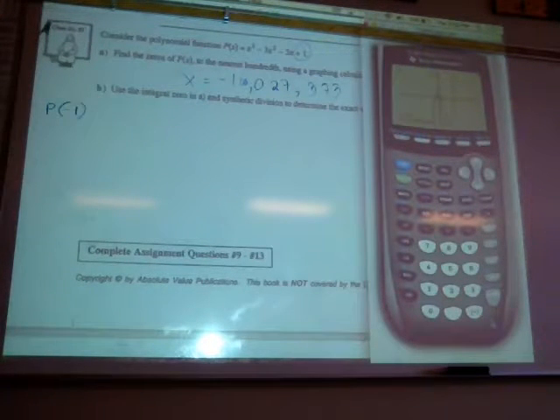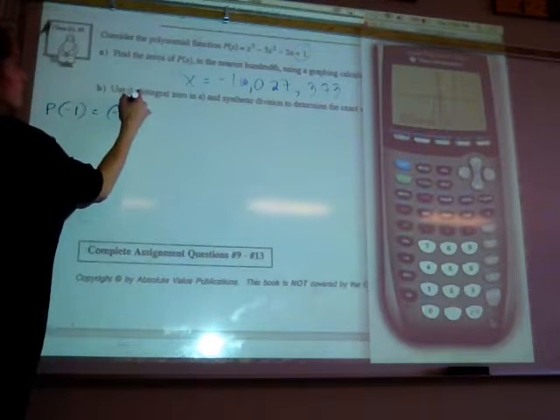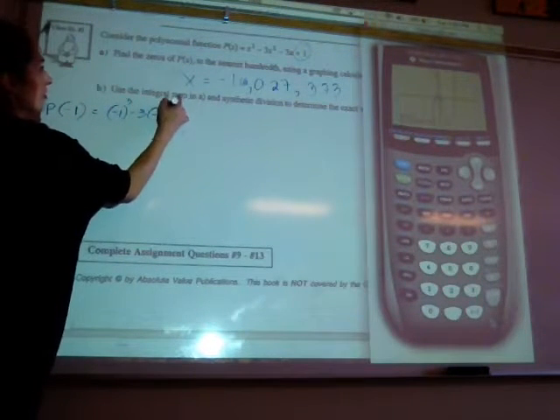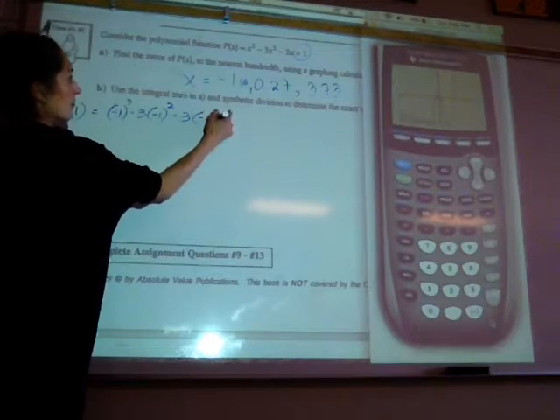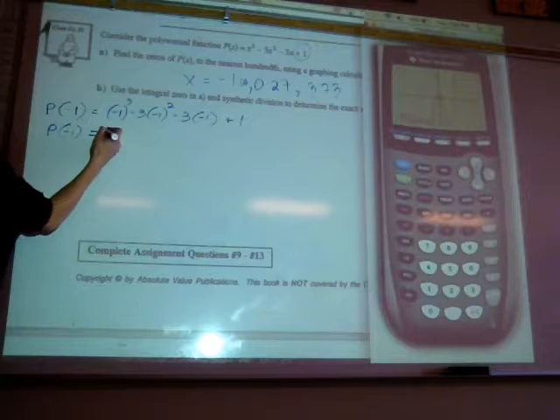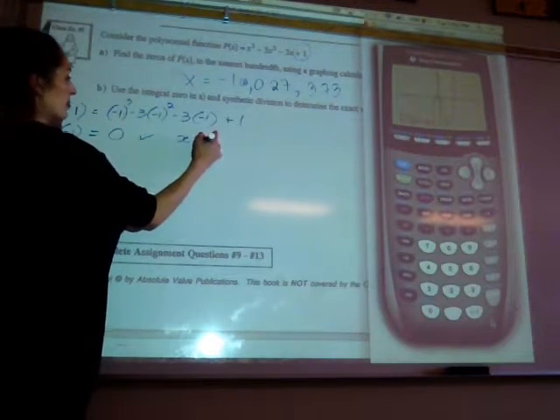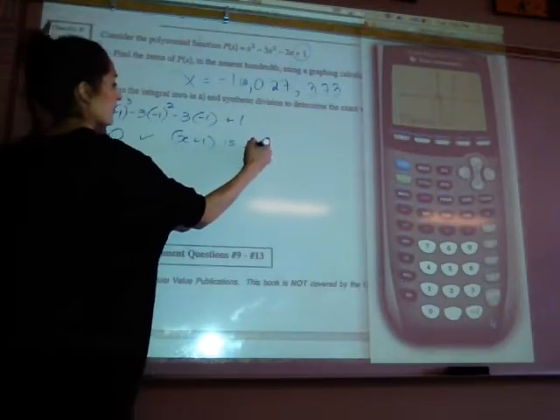You'd sub in p of negative 1 into the polynomial. And we're going to prove that p of negative 1, or x plus 1, is a factor.